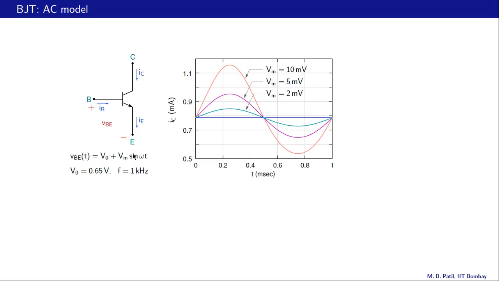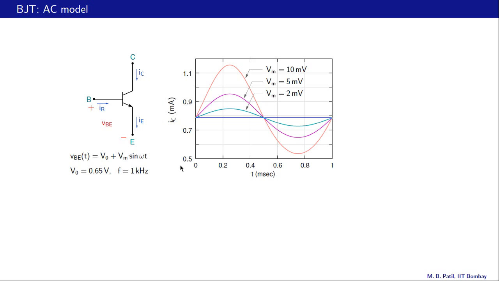In particular, we will look at the base emitter voltage of this form where V0 is a constant, let's say 0.65 volts corresponding to a forward bias, and on top of that there is this sinusoid riding with a frequency of, let's say, f equal to 1 kilohertz.